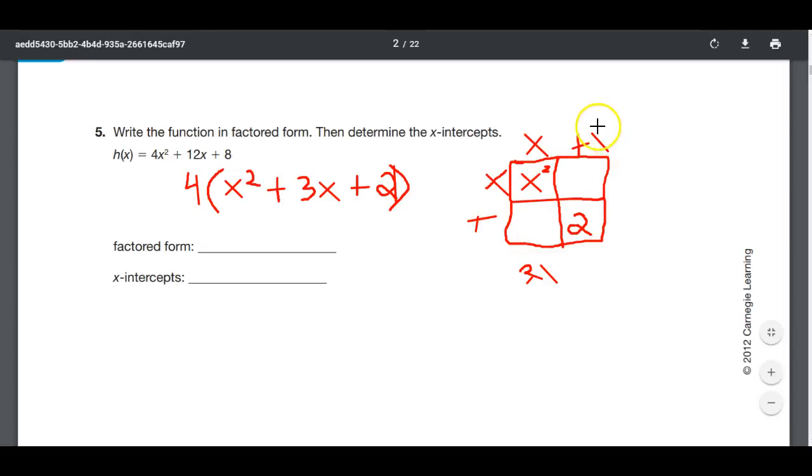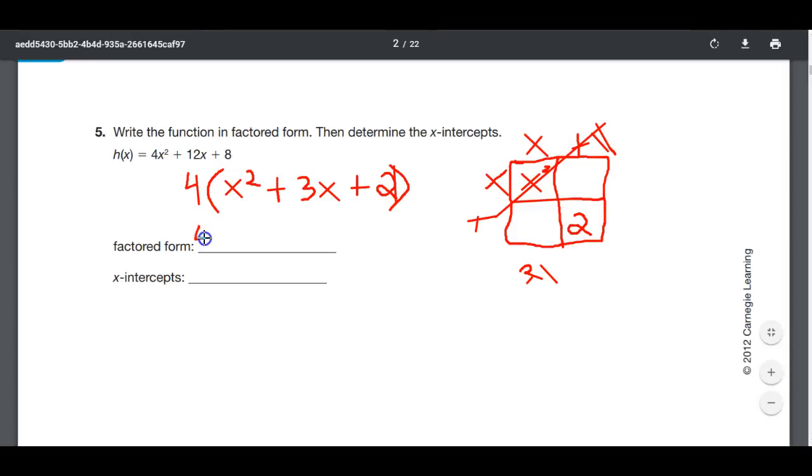The screen writer tool is not working very well, but this will be 2x here, right? So x plus 2, x plus 1. So this will be 2x and 1 more x, so together that's 3x. What I'm left with are these factors, x plus 2 and x plus 1.